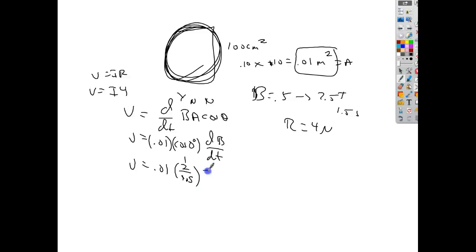And I get my voltage is equal to 0.01333, is that right? And then I just do V equals IR, 0.01333 equals I times 4. I get that my current is 3.33 times 10 to the negative third amps.